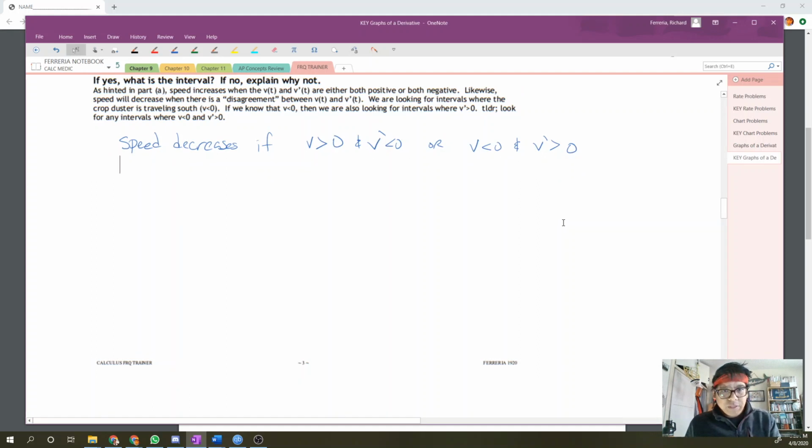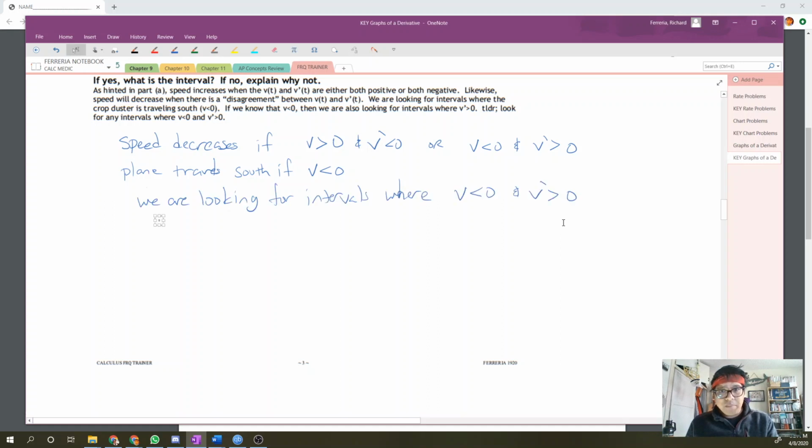Now, only one of those is going to be applicable because we also want to know when the plane is traveling south. The plane travels south only if the velocity is less than 0, which means the one that correctly applies to our situation is that second part. We're looking for an interval where velocity is less than 0 and v prime is greater than 0.